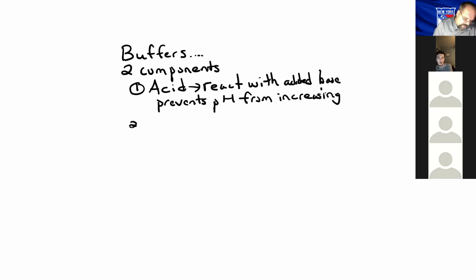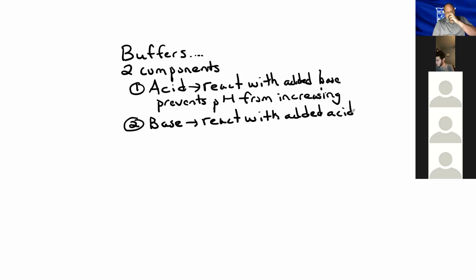The second component of a buffer that you absolutely have to have is a base component. What's the purpose of the base component of a buffer? Well, the base component of the buffer is to react with added acid. And when it does so, what is it doing?